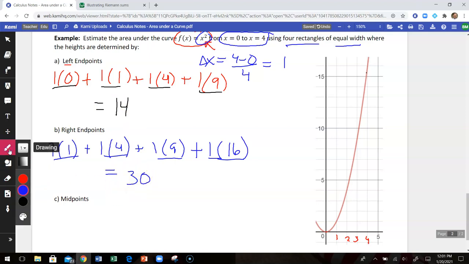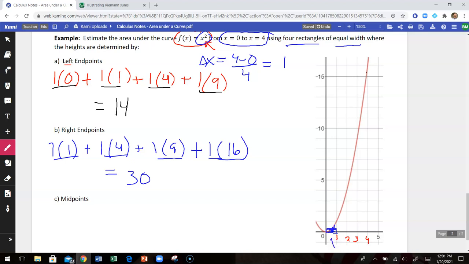But what I can do now is I could find the midpoints of each one of these intervals and find my heights based on those midpoints. So if I did that, here's the idea. From 0 to 1, I would want to find the height of the function at 1/2. And that would determine my first rectangle, right?